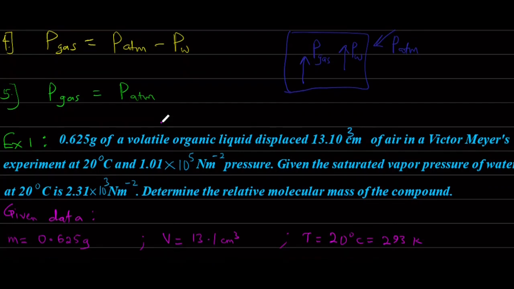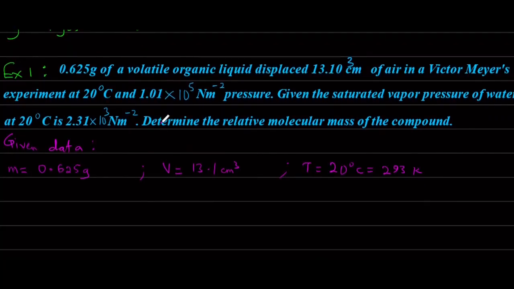The pressure of the atmosphere, which is P atm, is 1.01 exponential 5 Newton per meter square. Given that the SVP of water, that is P of water, is 2.31 exponential 3 Newton per meter square.